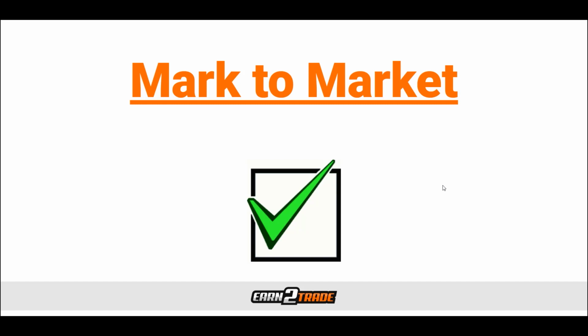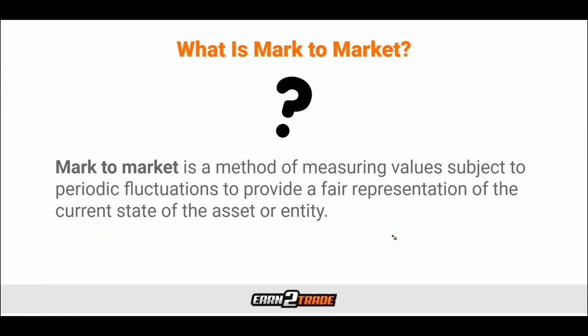We're going to talk about how marking to market affects us as retail traders, as well as the institutional derivative traders. By definition, mark-to-market is a method of measuring values subject to periodic fluctuations to provide a fair representation of the current state of the asset or entity.